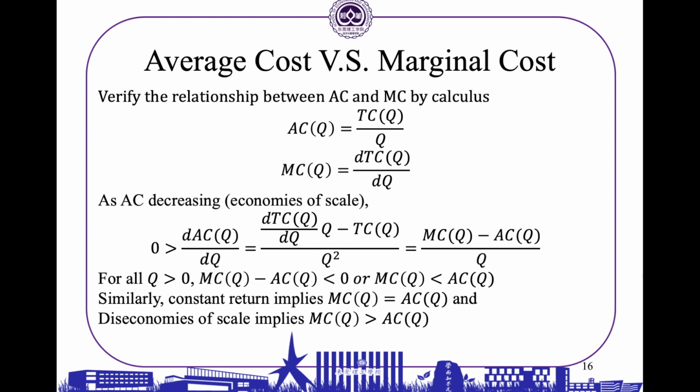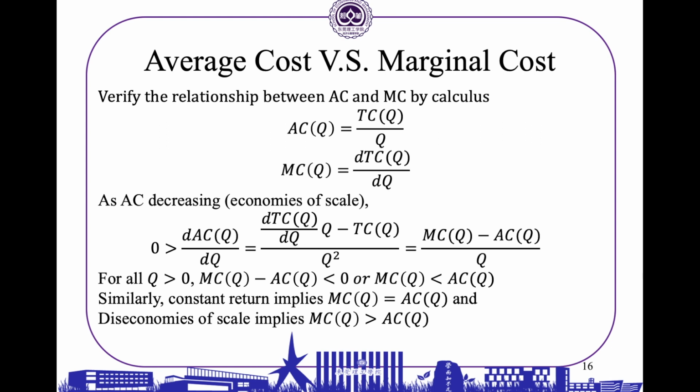We can calculate that the derivative of average cost is marginal cost minus average cost, divided by output level. Since we consider positive output only, the negative slope of average cost implies marginal cost is lower than average cost. Similar results can be found for other cases.